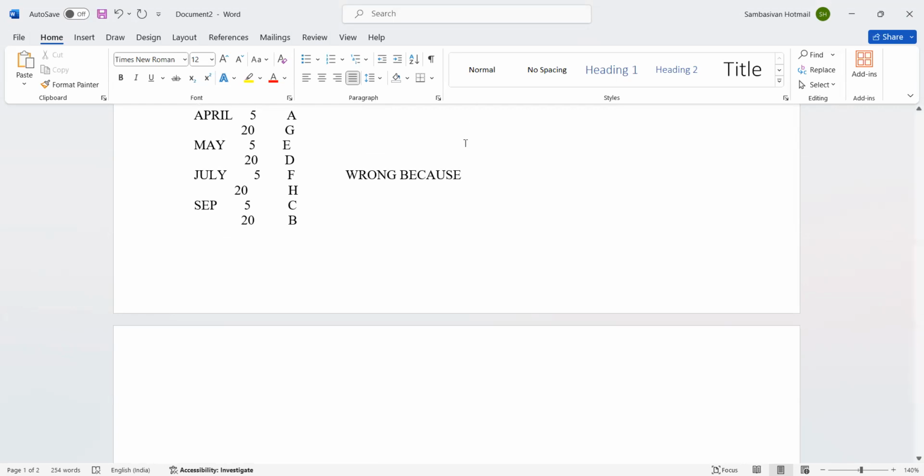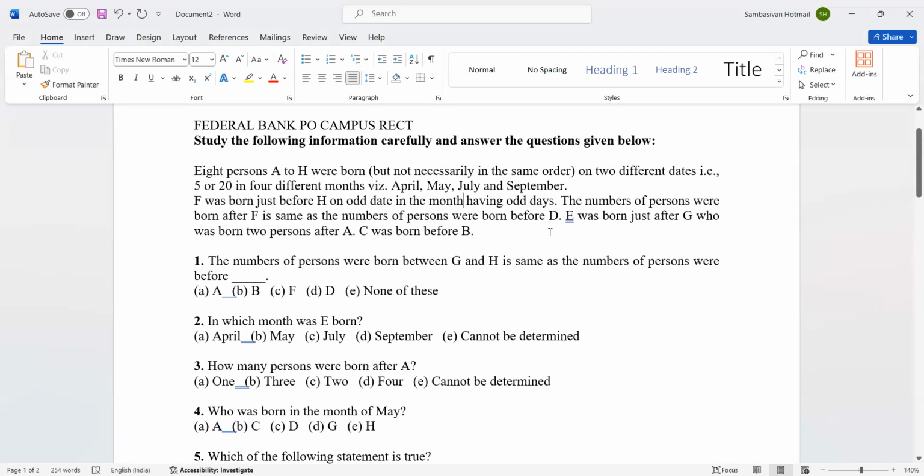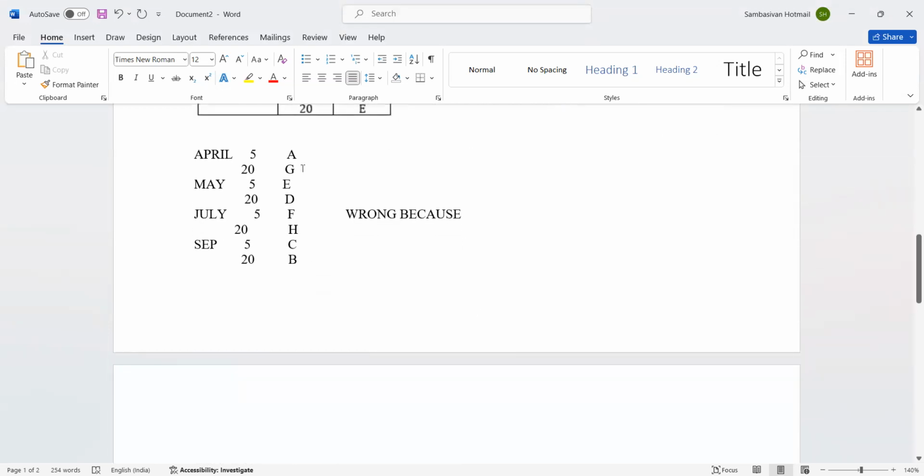But one condition will not be fulfilled, namely, E was born just after G, who was born 2 persons after A. That could not be fulfilled with this.